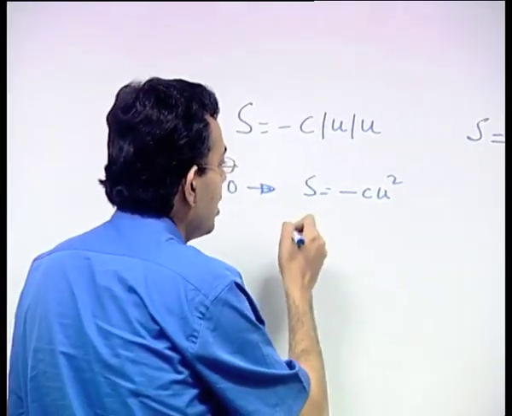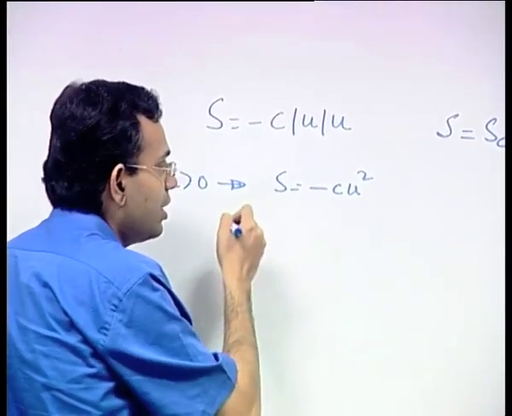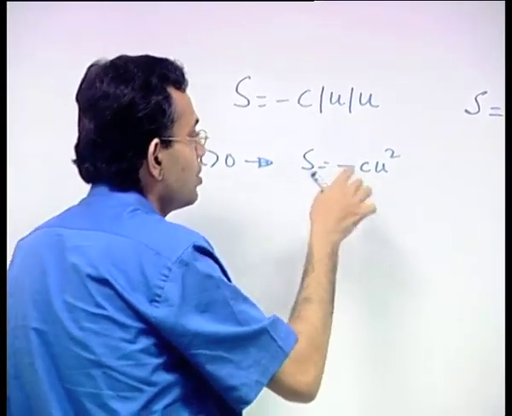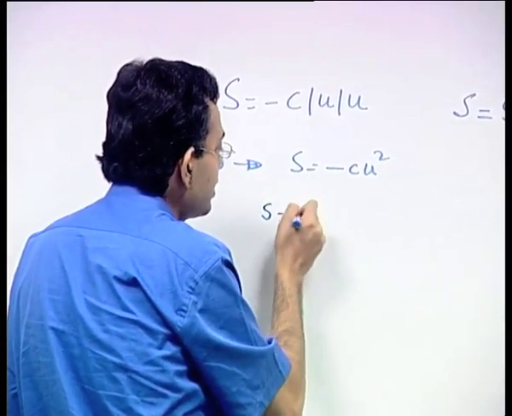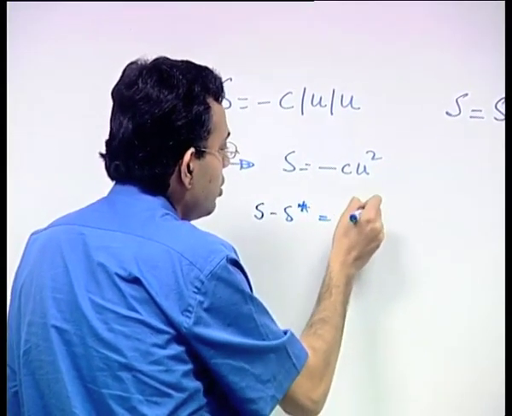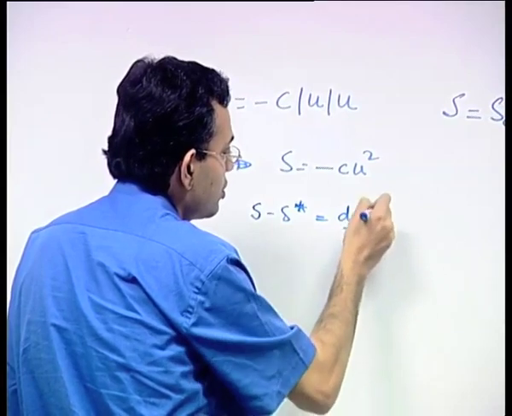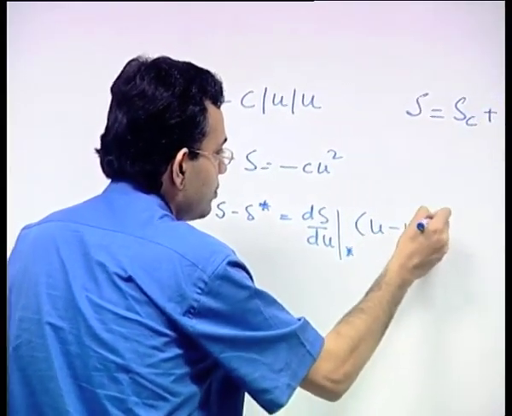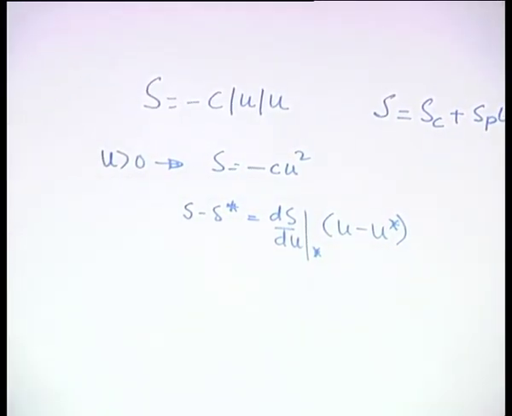Now, for source term linearization, we can find a tangent to the S-u curve that linearizes the source term. So, S minus S star is equal to dS/du at the point star into u minus u star. This is the formula that we are going to use.